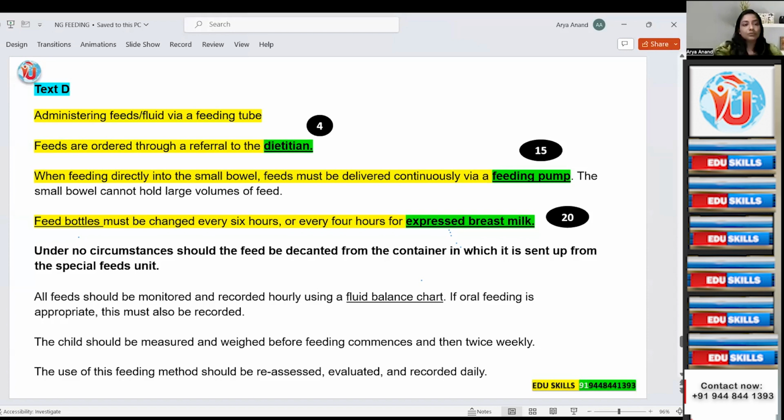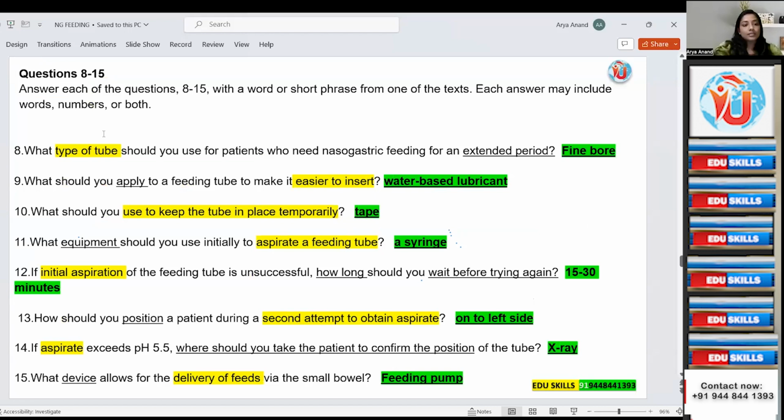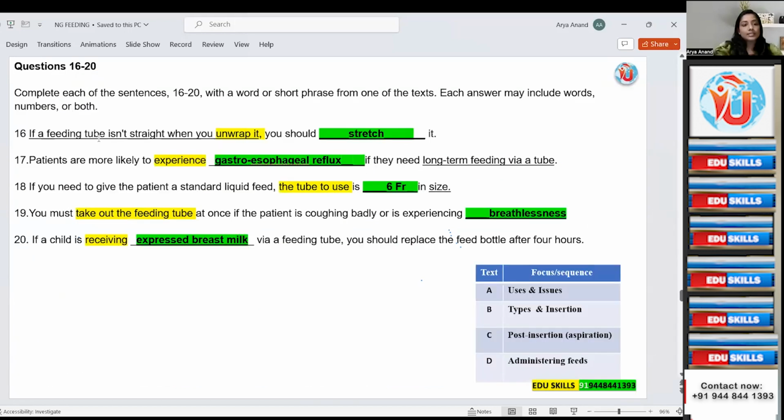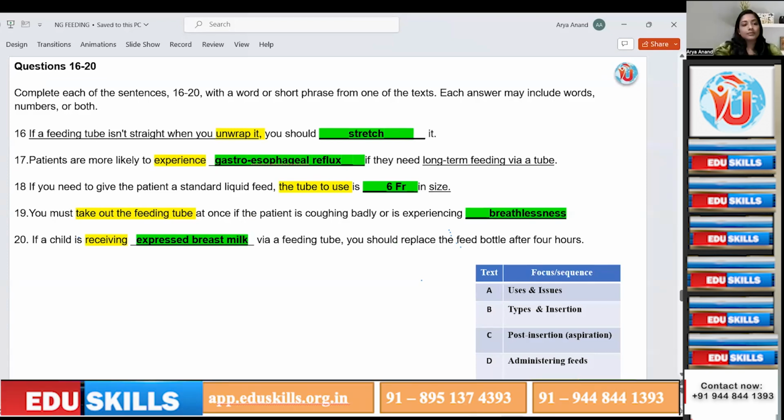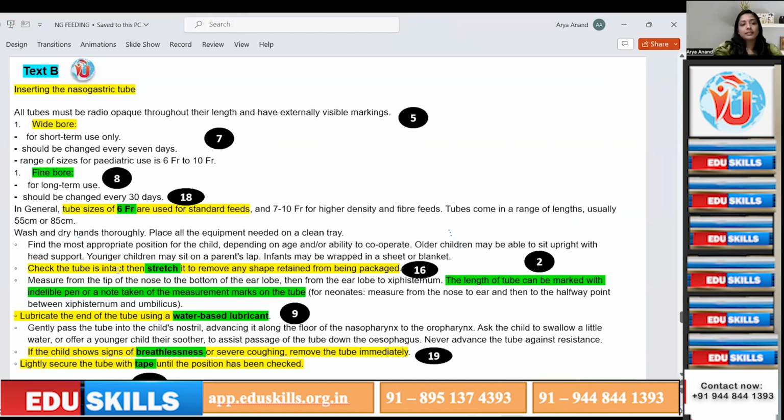Now, moving to the next, 16 to 20. If a feeding tube is not straight when you unwrap it, we need to move to text B, right? So what you will usually do is stretch it, right? Check the tube is intact, then stretch it to remove any shape retained from being packed.